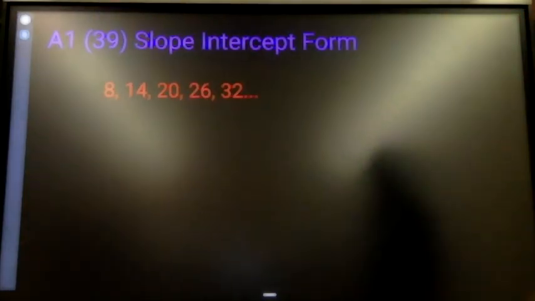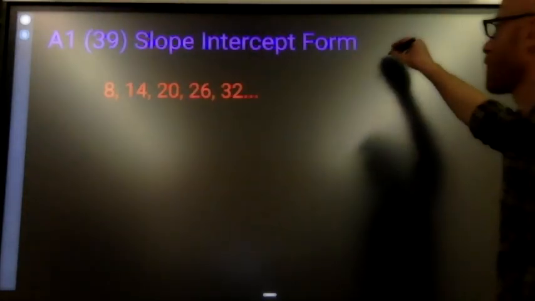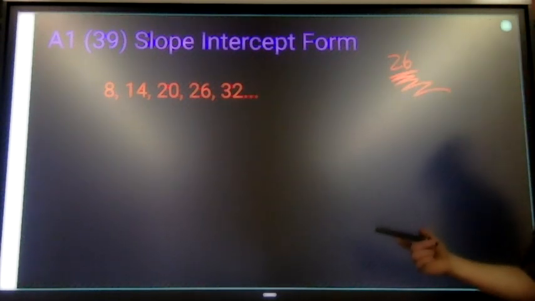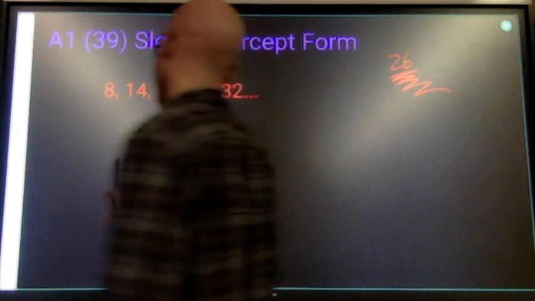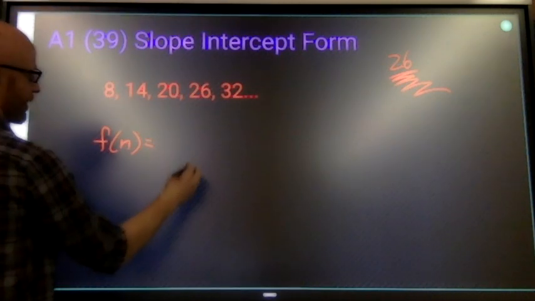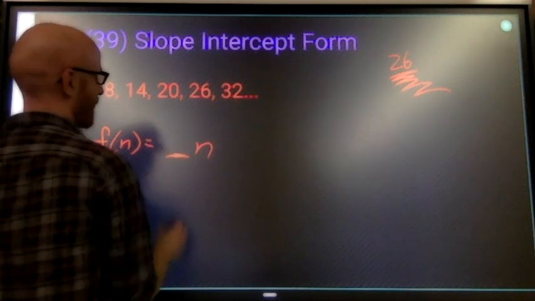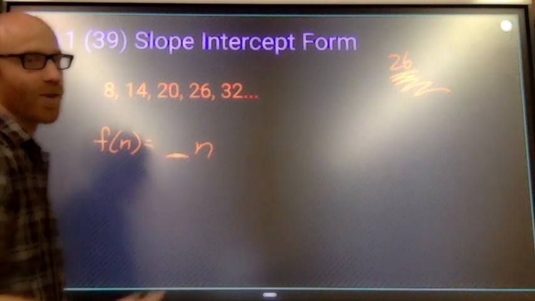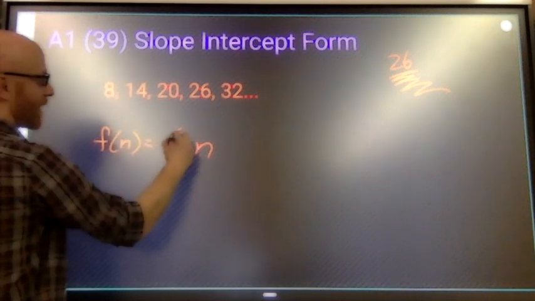One more connection. Lesson number 26. When you were writing formulas, and I told you f of n equals something times n, and that something was, what are we counting by? The rate of change, the slope. What are we counting by? We're counting by 6's.